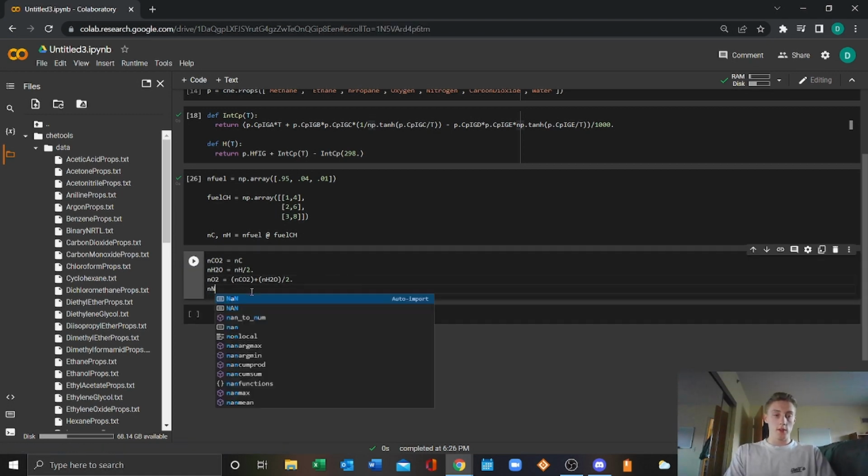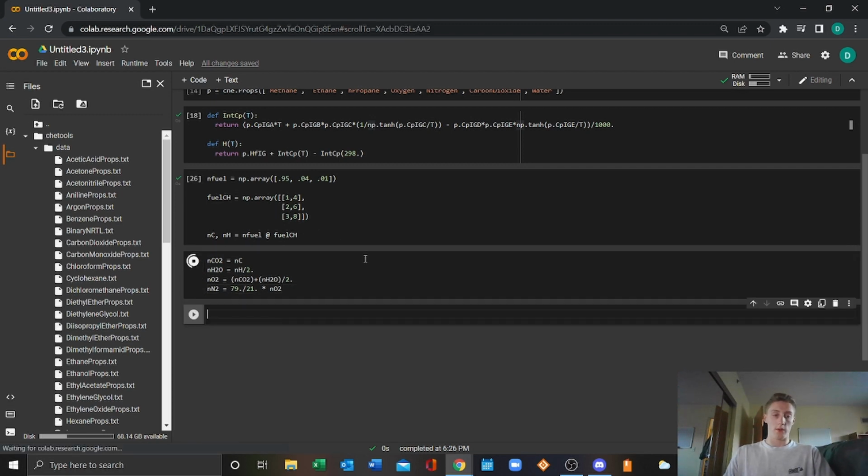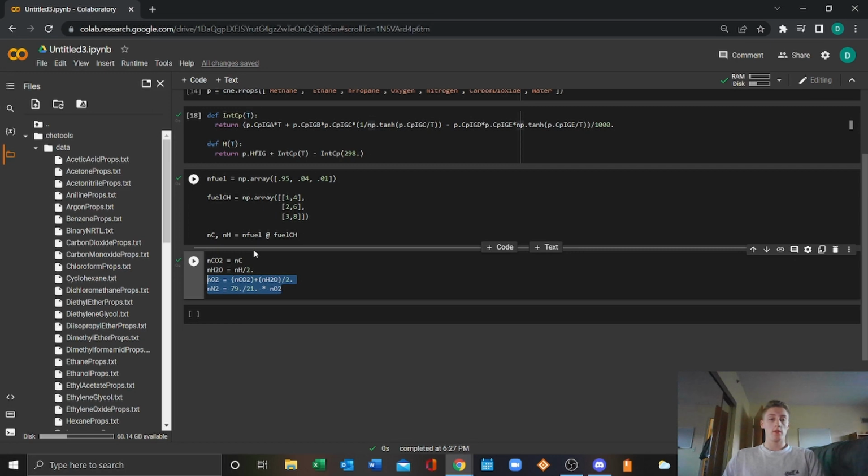For our nitrogens, it's just going to be our 79 over 21 times the O2, because this ratio stays the same. The nitrogen's just along for the ride. And if you remember in the problem statement, we have 20% excess of air.